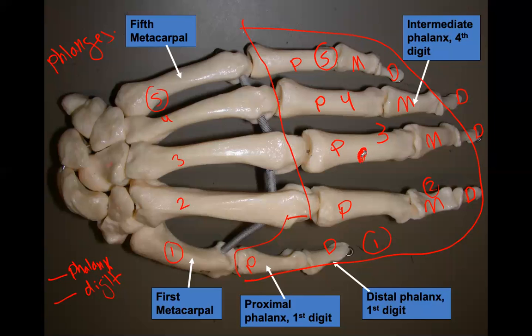So we said, okay, it's proximal, go back to your list, it's proximal phalanx, and then number 3, 3 digit. If I ask you to name this one, it would be distal phalanx, 5th digit, right? Number 5, because that's your pinky. If you learn this for your fingers, you can also use literally the same pattern for your toes. There is no difference in that sense.